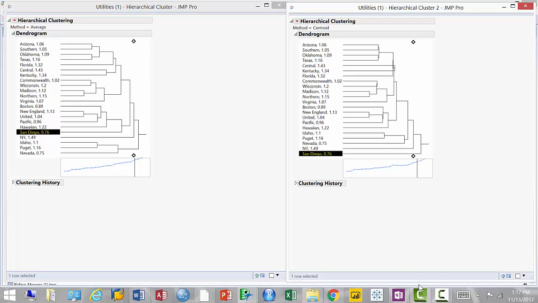So when the next customer comes through the door, I can find out all the demographics about that person. And now I have all of my clusters based on my previous analysis. I can ask where that customer belongs, into which cluster.